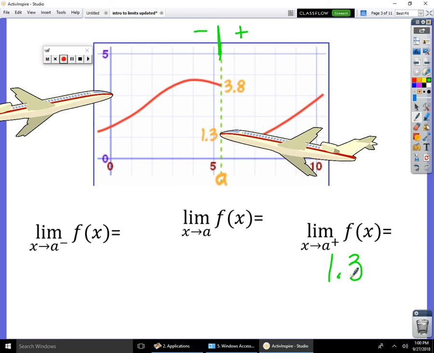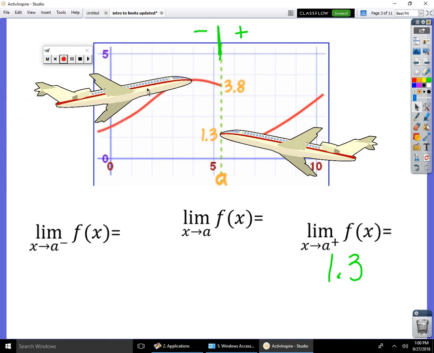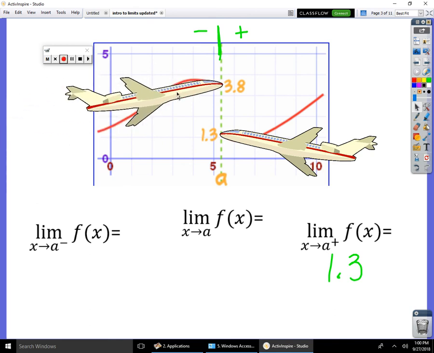Okay. All right. My sister is flying in from California. What gate is she at? She's at 3.8, and she came in from the negative side, the left-hand side, 3.8. Are we going to meet up at the airport? No. We're not going to meet up at the airport because we're at different gates. Okay?